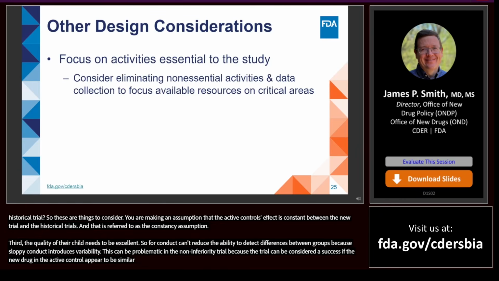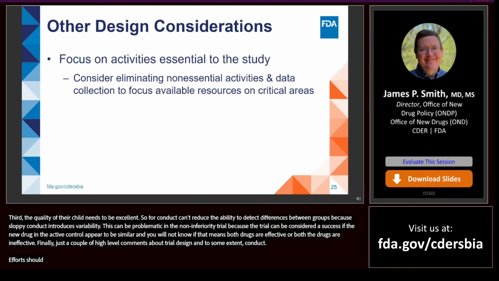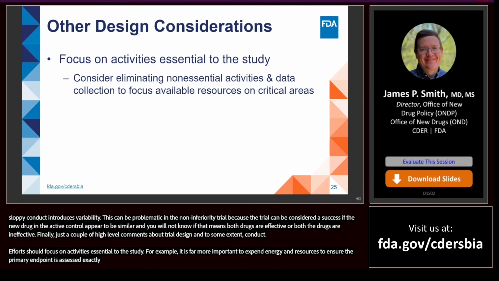Finally, just a couple high-level comments about trial design and to some extent conduct. Efforts should really focus on activities that are essential to the study. For example, it's far more important to expend energy and resources to ensure that the primary endpoint is assessed exactly as intended, that follow-up is as close as possible to 100%, rather than pouring resources into ensuring that every scrap of source data is available for the 50th exploratory endpoint.